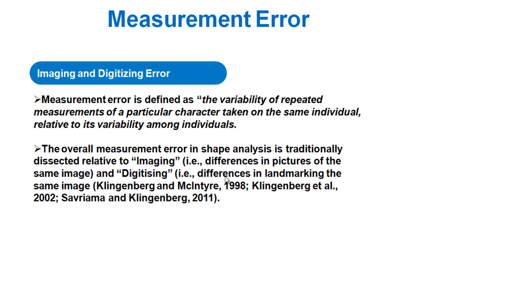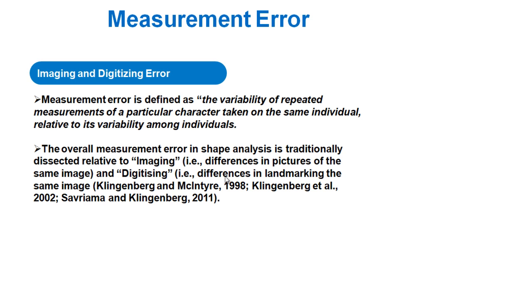All right, image distortion on the screen can also introduce non-biological signal, and we must understand that measurement error can be minimized by carefully mounting photographs and landmark selection, but can never be totally eliminated. Okay, so that is the reason why we must account for landmark errors.